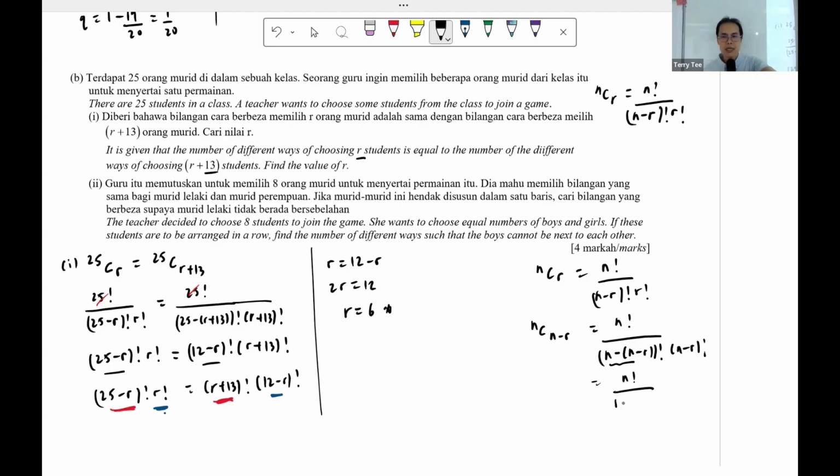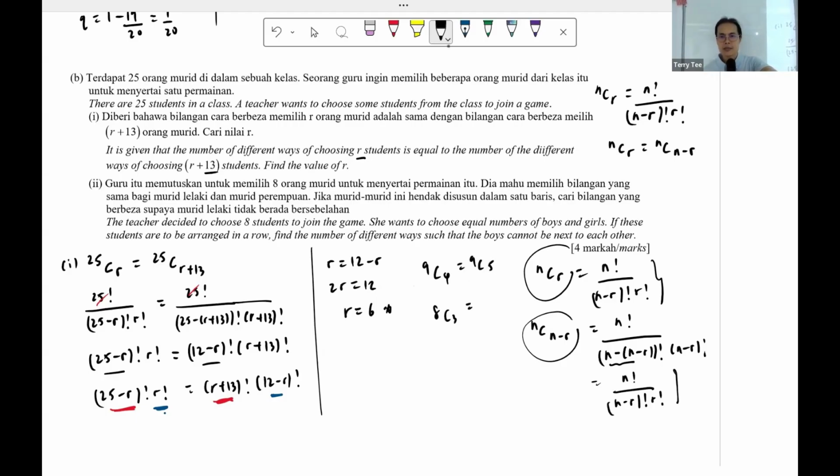So it's n factorial over (n minus r) factorial, r factorial. So notice that this and this, they share the same result. So we know that nCr is the same as nC(n minus r). Example, 9C4 is the same as 9C5. 8C3 is the same as 8C5. 7C4 is the same as 7C3. The thing is, these two added together must equal n. These two added together must equal n. These two added together must equal n, 7, right?